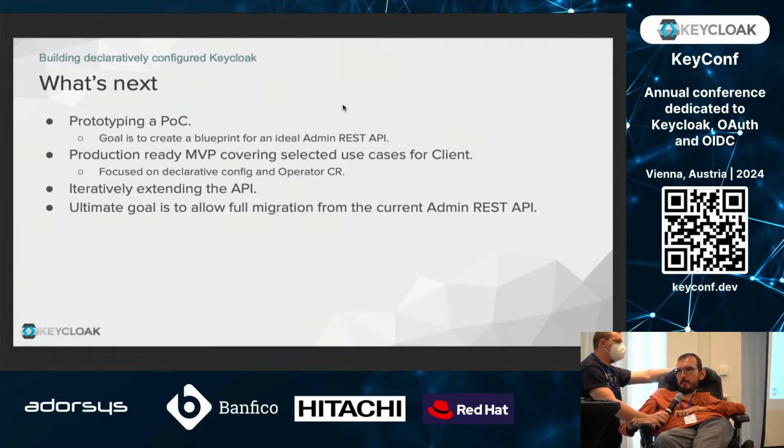Then the next step will be a production-ready MVP covering selected use cases, not all use cases at the beginning, the most prominent use cases for the client, and it will focus this API on the declarative configuration and the operator CRs. And iteratively after that, we will be extending the API, right? More endpoints, more resources, right? And the eventual goal is that it will become the REST API, admin REST API version 2.